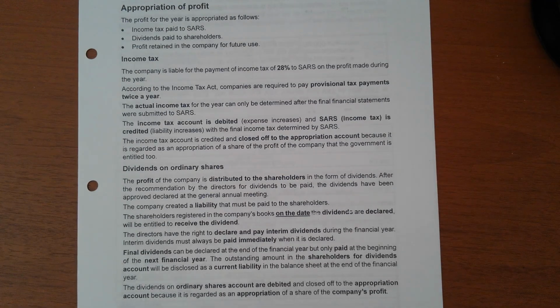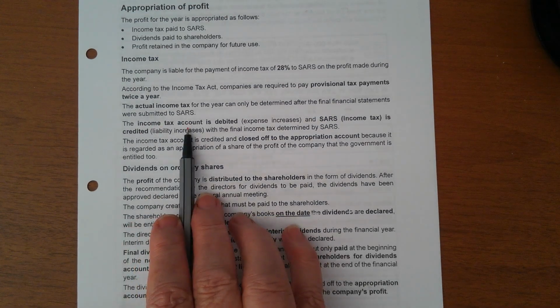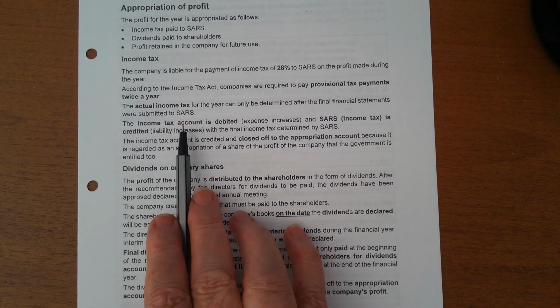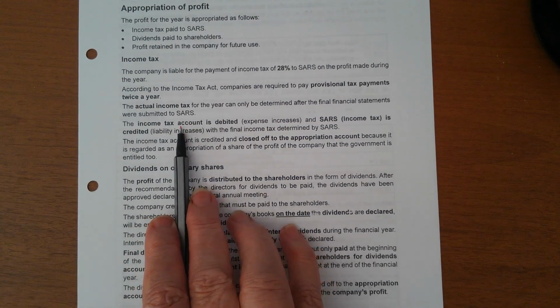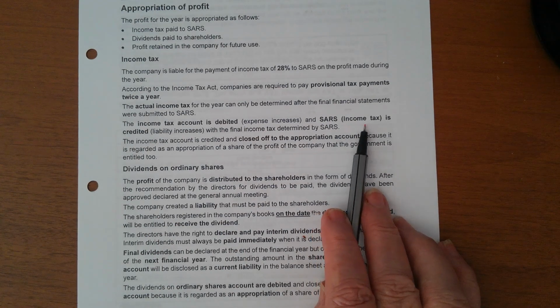So as soon as the final profit is determined, this is the first time that you will write in your income tax account, never before that final amount. And then we will show that we owe this final amount to SARS for income tax.